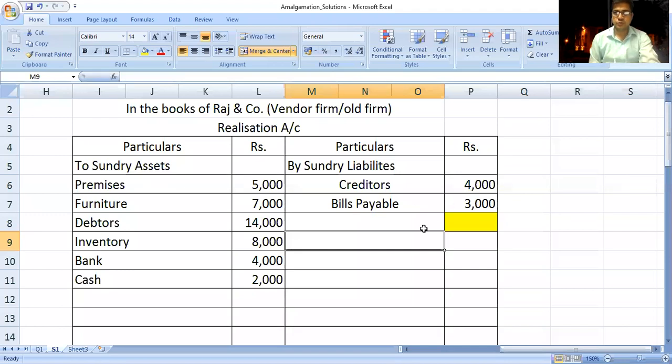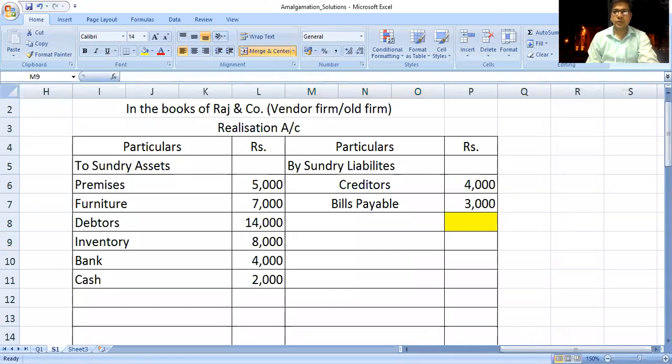I hope you understood how we will transfer this, because in the previous lecture also we completed the same thing. Now after recording this, if you see our general entry part, the third general entry is transfer of reserves.